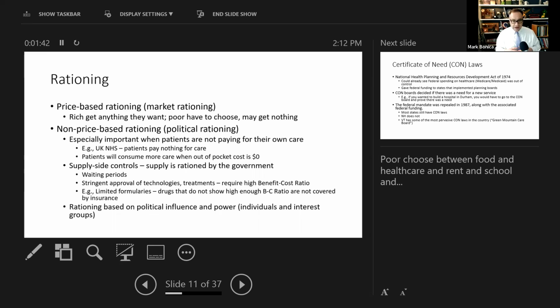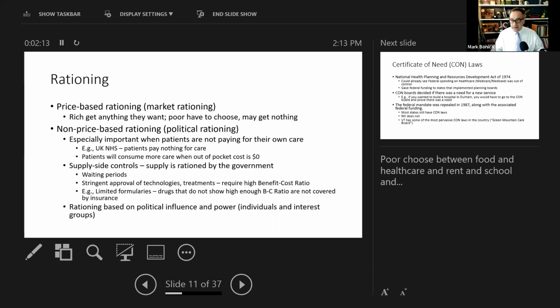And so they've got a limited pie of money, and they're dividing it out. And so they use a process of non-price-based rationing that basically says, I'm going to give this to this person, this to this person, and they do it based on something other than price, because it's a government program.